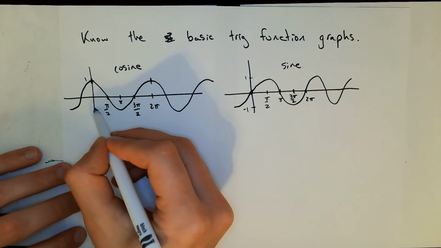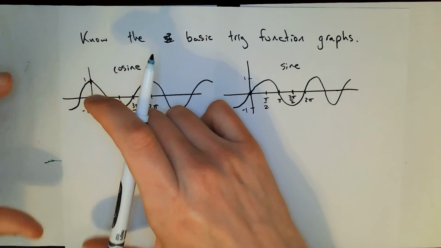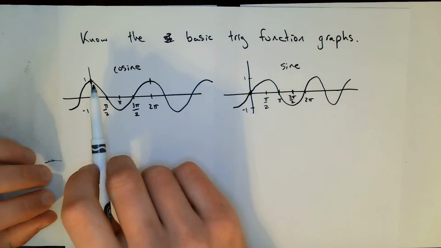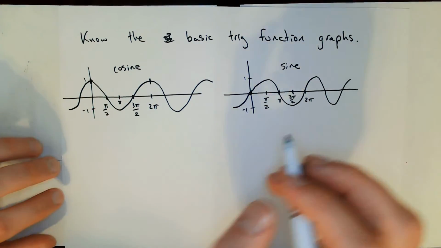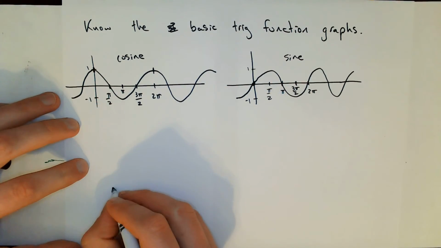So this is 1 here, and this would be -1 down here. Unless it has been expanded, if its amplitude is bigger than 1, when a number is multiplied up front. So know that too. So I'm going to leave some room for the tangent function that I'm going to say also.